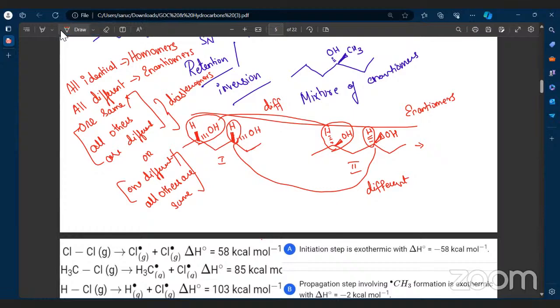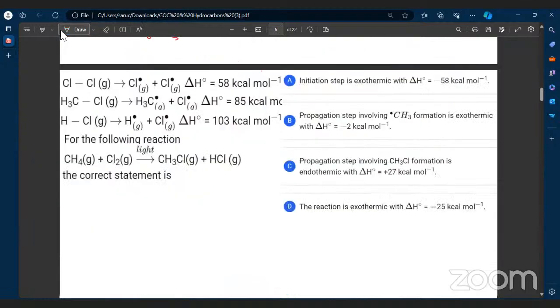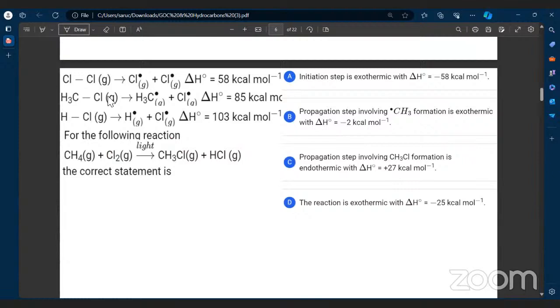The next question is, here you have Cl-Cl. It gives Cl free radical, whose delta H naught, the change in enthalpy, is 58 kilocalories per mole. And CH3Cl will form its methyl free radical and chlorine free radical, and its delta H value is given.